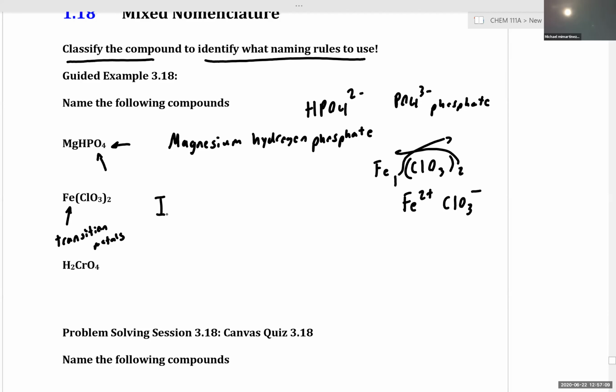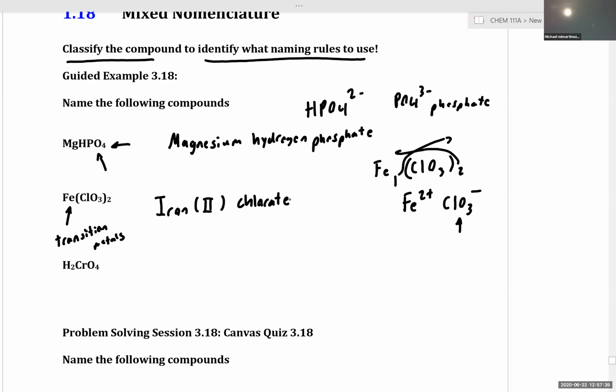So we name this as iron 2. And then what is the name for ClO3 minus? What's the name for that polyatomic ion? ClO3 minus? Chlorate. Yep, exactly right. So this is iron 2 chlorate. Perfect.